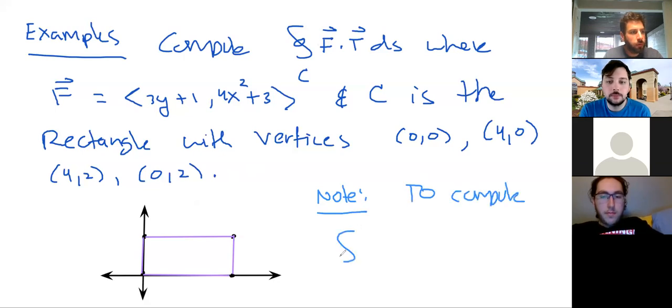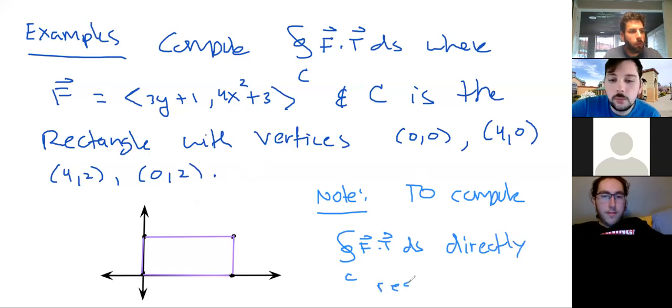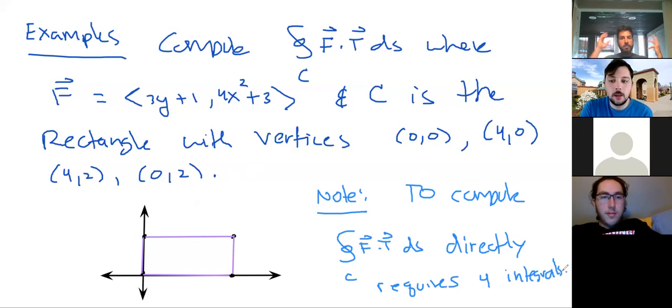So to compute this directly requires 4 integrals. Again, you need to understand that. That's the most important thing, because we can't parameterize that perimeter, that rectangle, with just one curve. We would need 4 pieces. We need the bottom, the side, the top, and the other side.